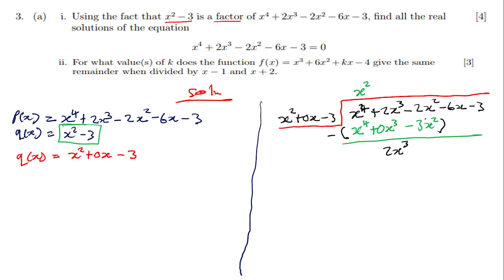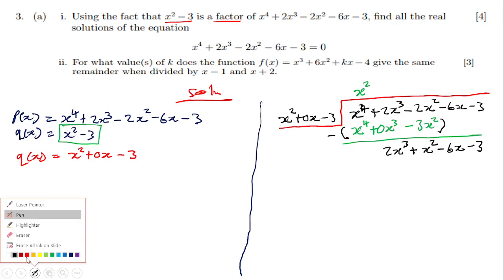So negative 2x squared plus 3x squared is going to give you plus x squared. Then like we did, negative 6x will come down, and negative 3 will also come down. Please, in case you have forgotten, go and make sure that you watch part 1 of the lecture class on polynomials.